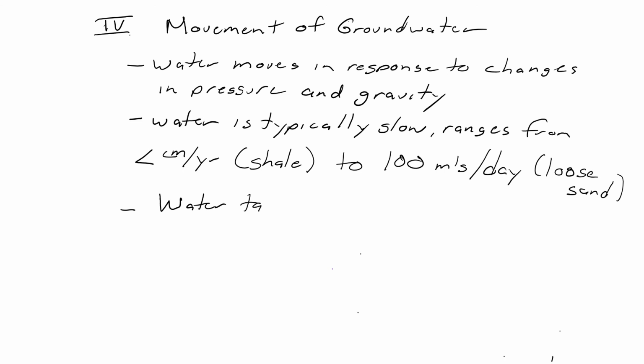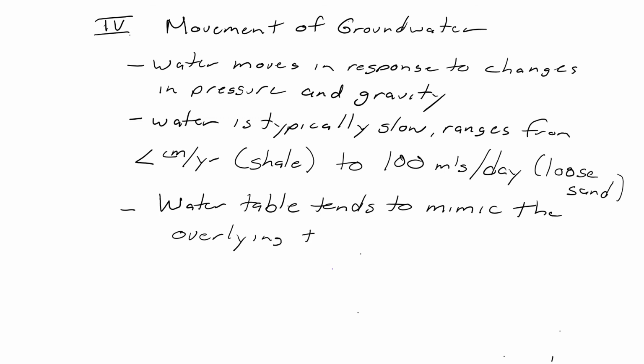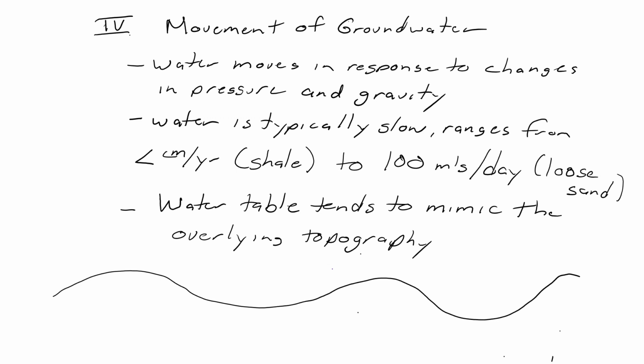Another thing is that the water table tends to mimic the topography. So if you have a surface that's sort of undulating like this, then the water table is going to tend to mimic that overlying surface.